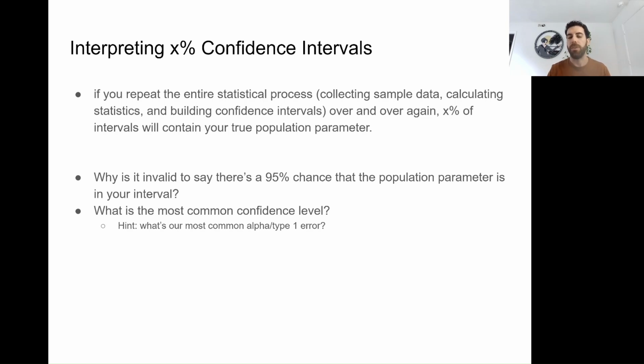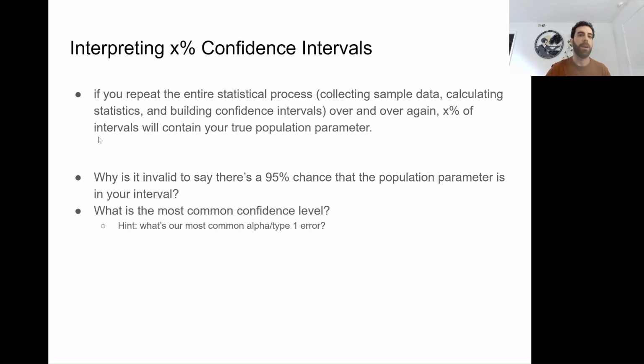That's a more succinct and accurate way to explain the confidence level. Whereas, there's a 95% chance it's in the interval doesn't really make sense, because as I said before, it's either in the interval or it isn't. So I definitely want you to use this interpretation when you're talking about your confidence interval.